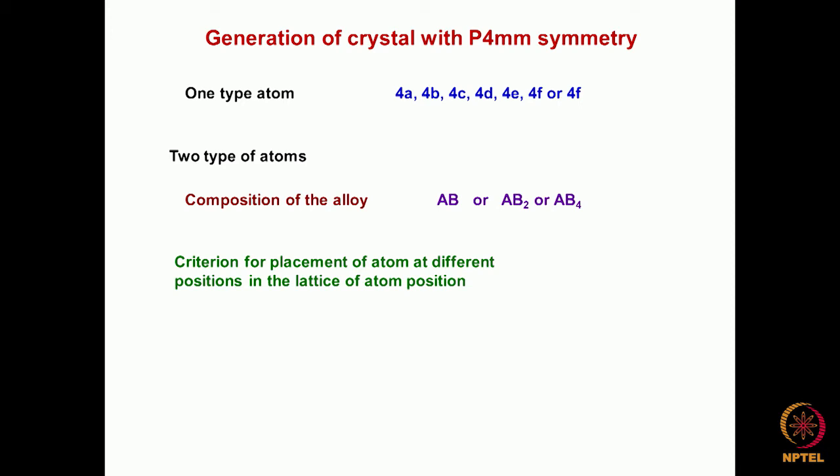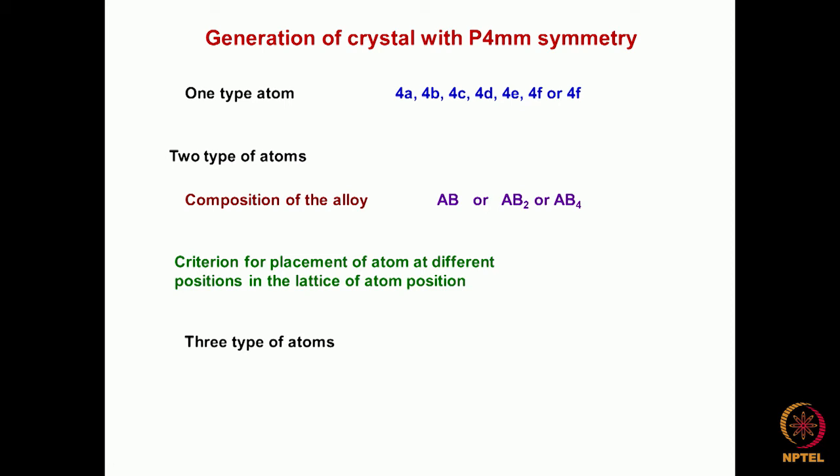So what I had given is the criterion for placement of atoms at different positions, that depends upon the energetics, right, so that the overall energy is lowered. That is the criterion which will decide, out of the possible geometrical possibilities, which one we have to find out.